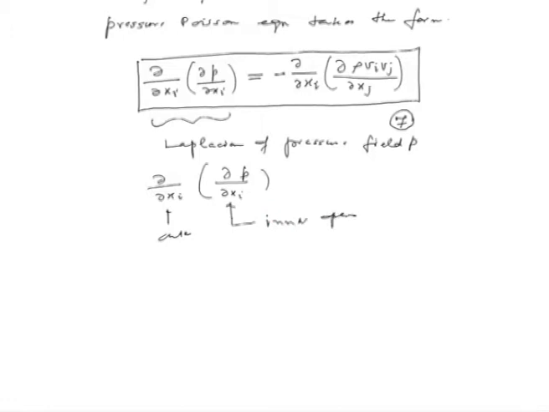This inner operator is from the momentum equation, and the outer, the divergence, comes from the continuity equation, because that is what motivated us to take the divergence. We would apply the same operator which we use for our continuity equation, and this has some important consequences which we must take care of in our numerical implementation.